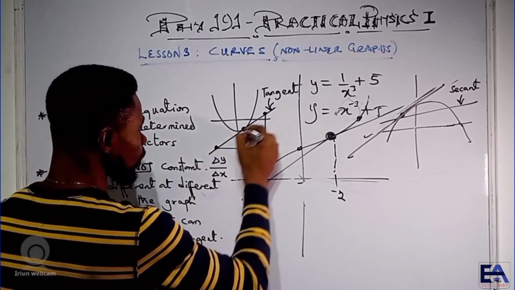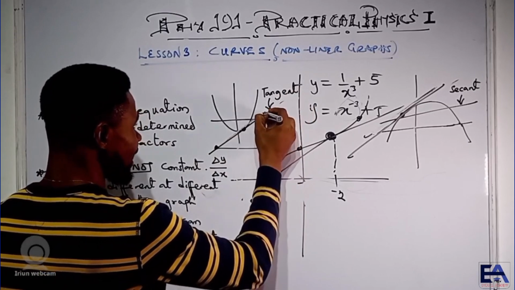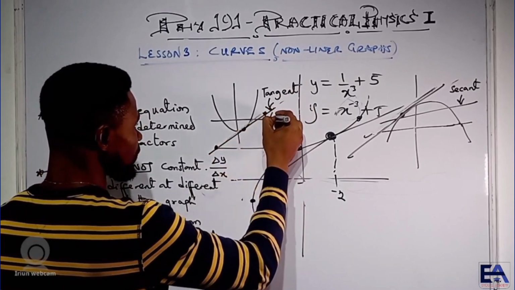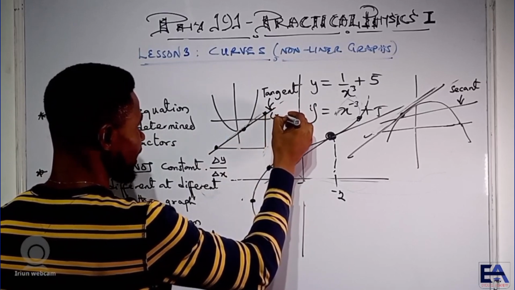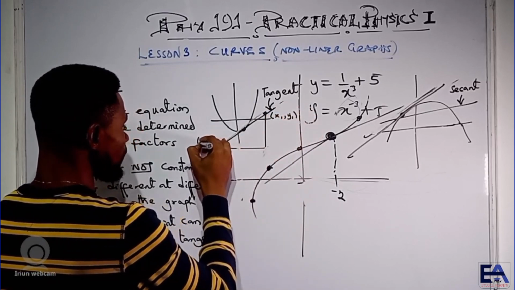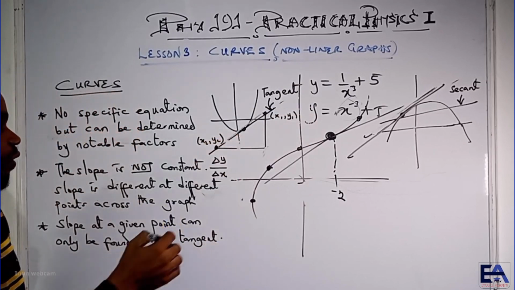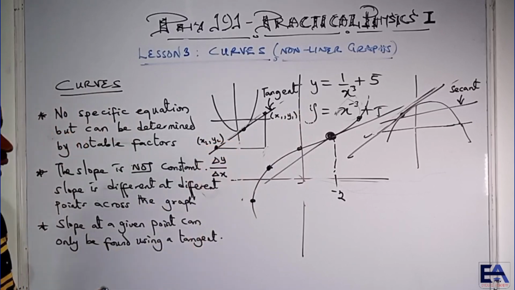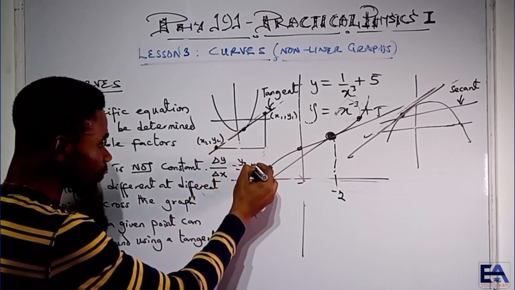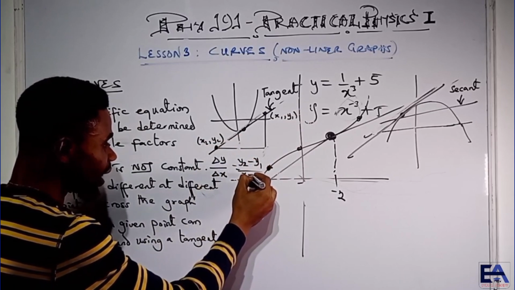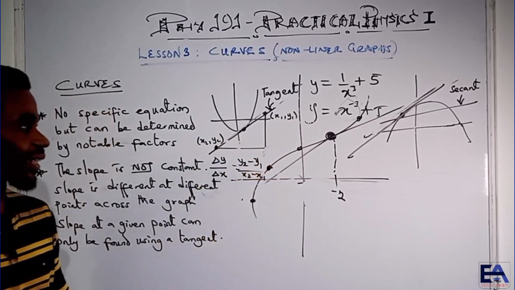Change in x for the tangent line. Pick any 2 points. Find the value of x and y here, and the value of x and y here, and then find the slope the same way you would have done, y2 minus y1 over x2 minus what? x1, and then get the value.